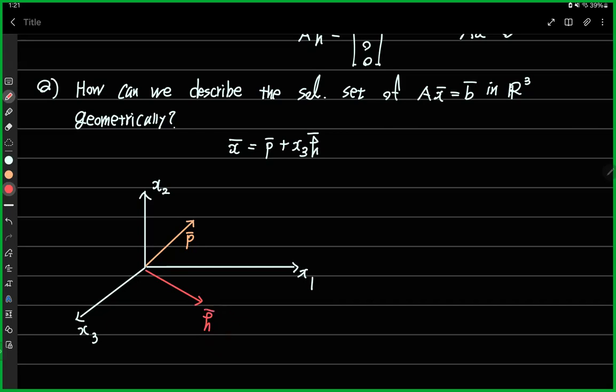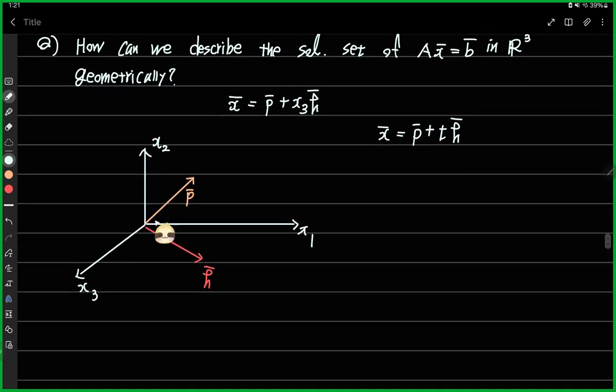But the solution set x is what? It's p plus t h. Let me use the letter t instead of x3, to emphasize this is a parameter. Then using the parallelogram rule, p plus h is going to be this.